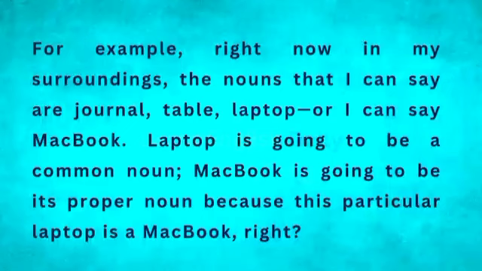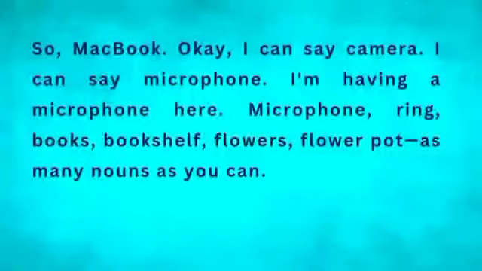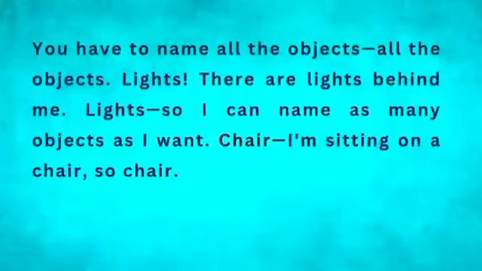MacBook is going to be its proper noun because this particular laptop is a MacBook, right? So, MacBook. Okay, I can say camera. I can say microphone. I'm having a microphone here. Microphone, ring, books, bookshelf, flowers, flower pot. As many nouns as you can. You have to name all the objects.